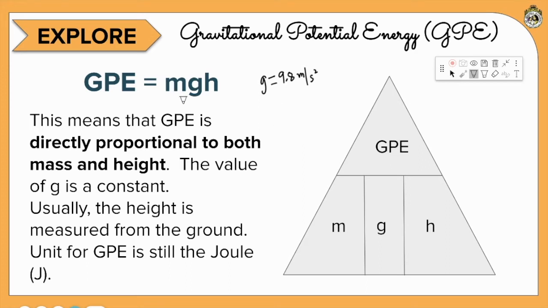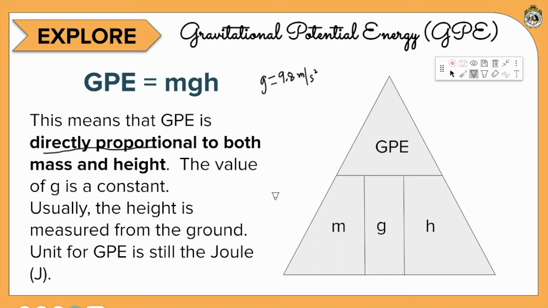All right. So what does this formula mean? This formula just means that the gravitational potential energy is directly proportional to both mass and height. This is the term, directly proportional. What does this mean? If you recall our previous lesson, directly proportional means if one quantity is increased, the other quantity also increases.